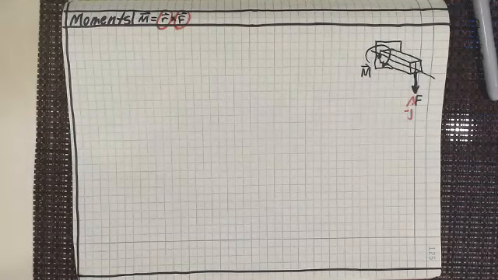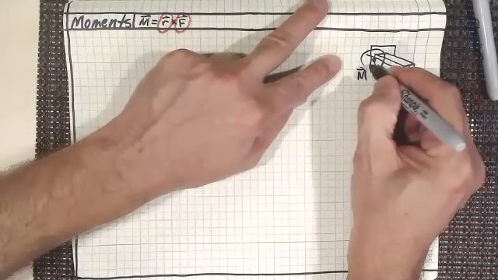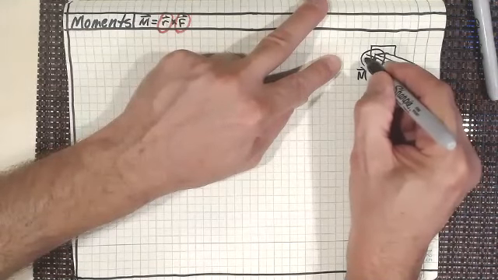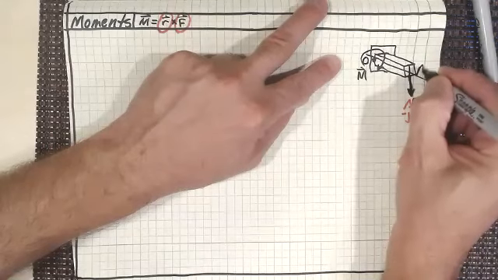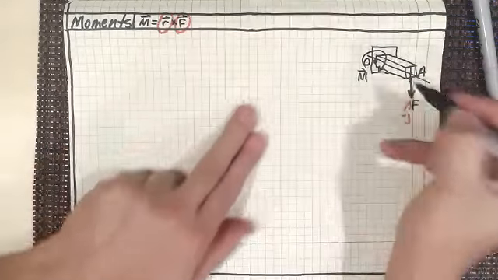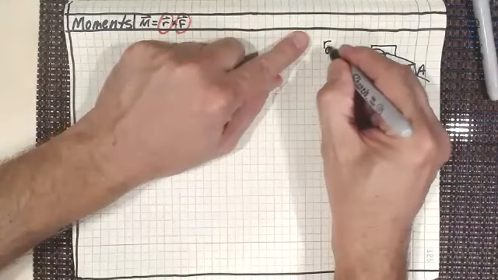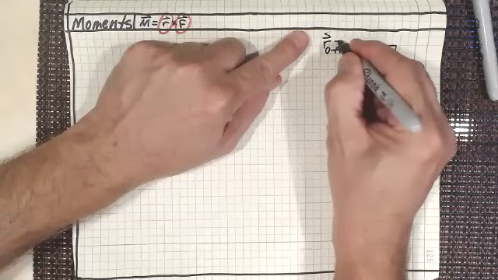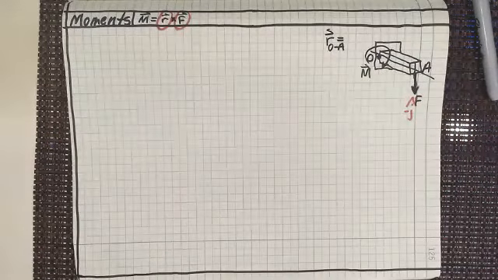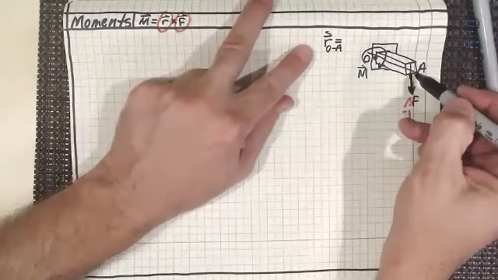And so what is the distance vector? Well, let's say that this point right here is O, and the place where this force is applied is A. Then the distance vector is always from O to A. And you can see here that the distance vector is really just this length.